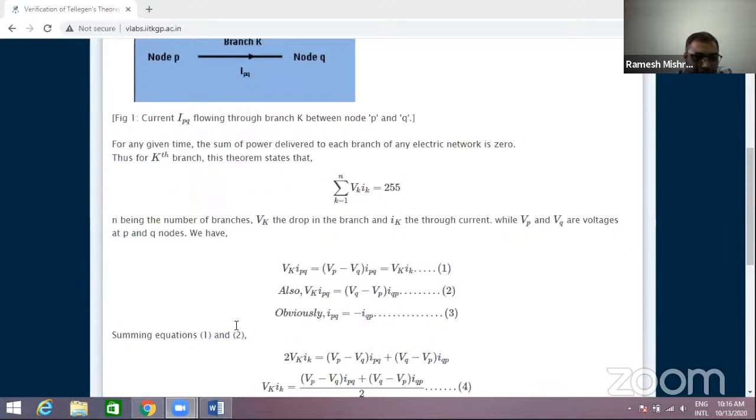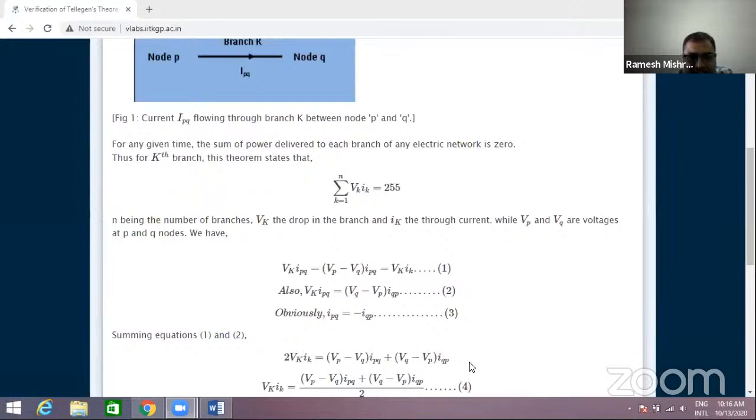Summing equations one and two, the value is equal to 2 into Vk into Ik is equal to Vp minus Vq into Ipq plus Vq minus Vp into Iqp.